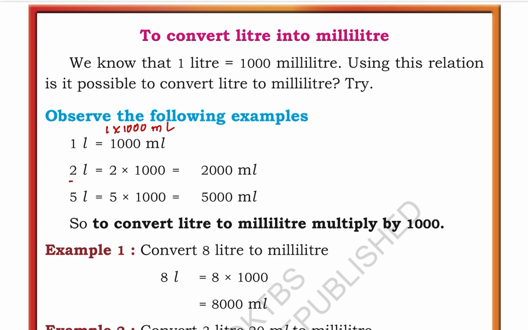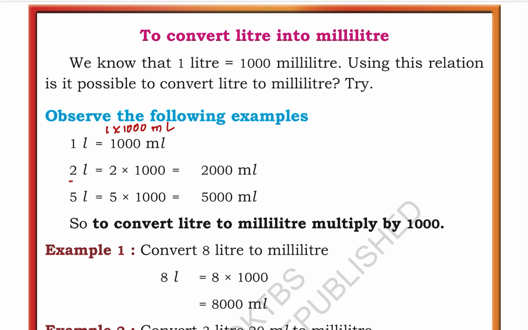In all these situations we are multiplying. If we want to convert from centimeter to millimeter, centimeter is a higher unit, millimeter is a lower unit, so we multiply by 10. Why 10, not 1000? Because 1 centimeter is equal to 10 millimeter. If it was 1000 millimeter, then we would have multiplied by 1000.